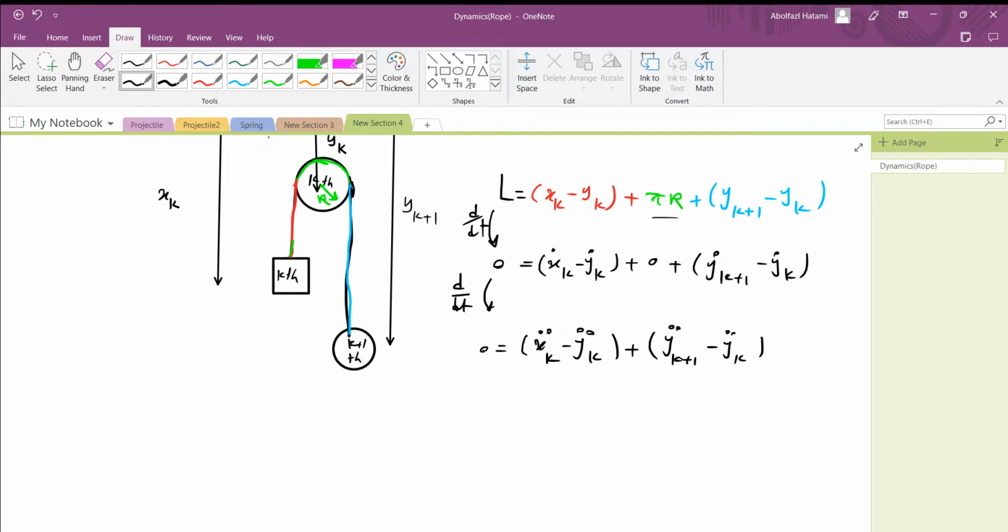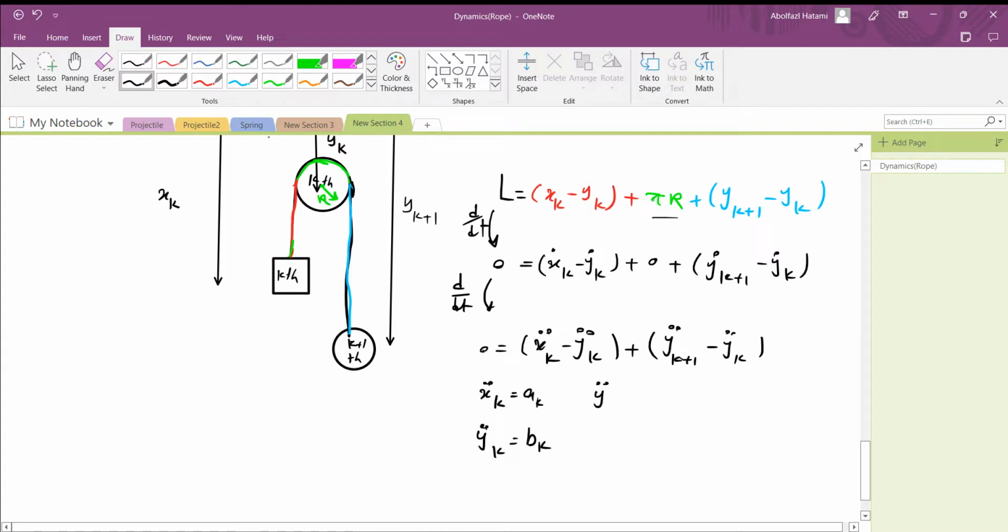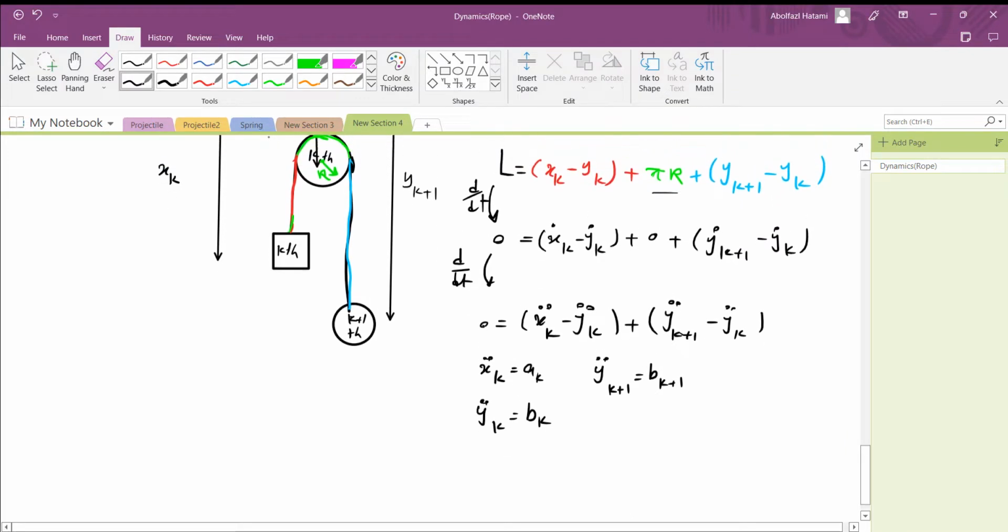You should notice that x double dot k, which is the acceleration of the kth block, is ak. The acceleration y double dot k, which is the acceleration of the kth pulley, is bk. And also y double dot of k plus 1 is the acceleration of the k plus 1 pulley.